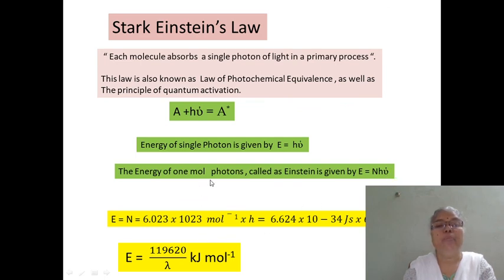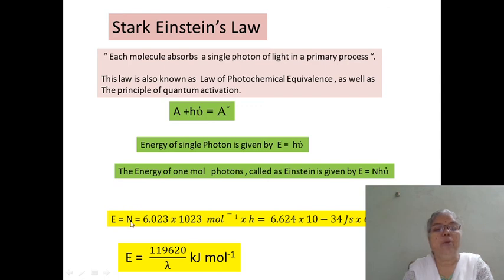When we put the values of N as 6.023 into 10 raised to 23, the value of h as 6.624 into 10 raised to minus 34 joule second, and the value of velocity of light as 3 into 10 raised to 8 meter per second, divided by lambda.